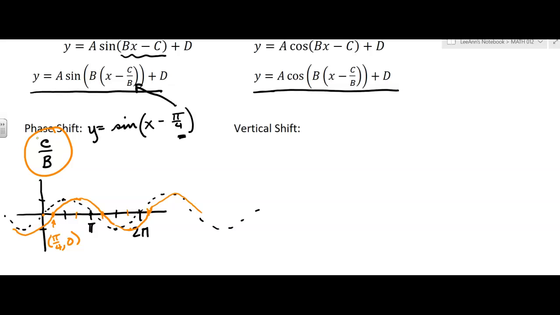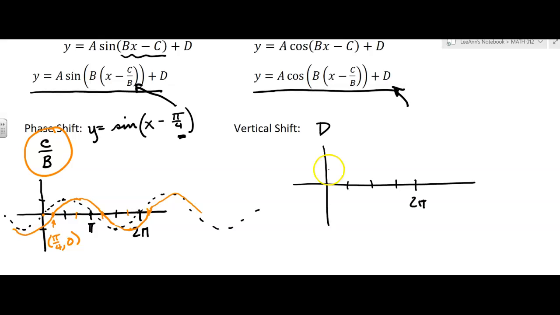Okay. Now we're going to look at a vertical shift. Vertical shift, that's based on D. Okay? So that kind of works like in the past when we've done transformations. It's just going to pick up the curve and shift it either up or down. Okay? So let's say we had a sine curve. 2 pi, pi, pi over 2, 3 pi over 2.